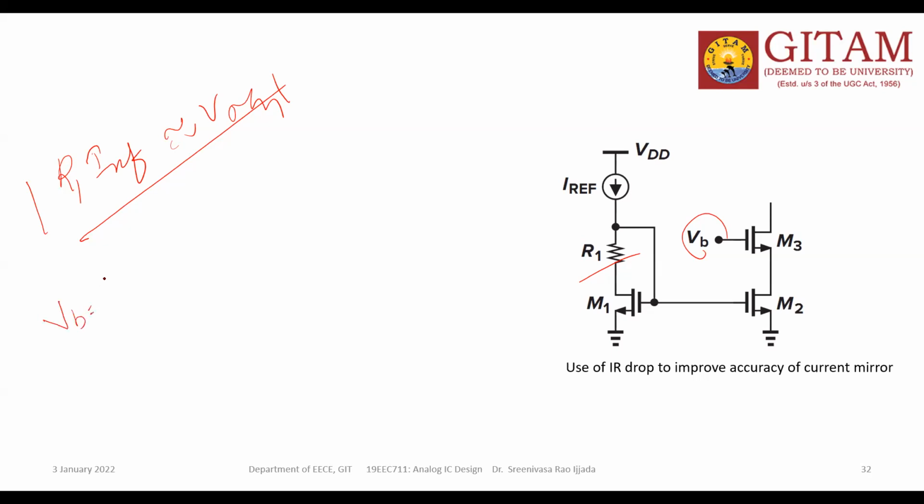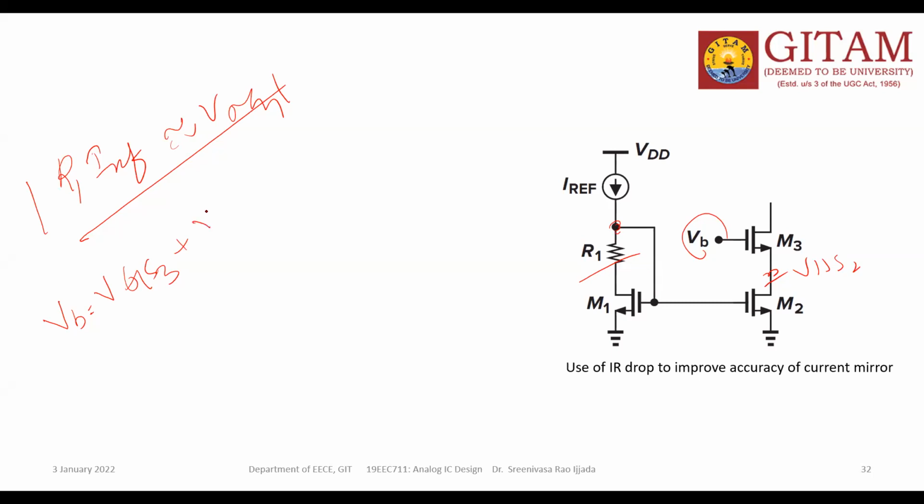Number of times I told you, VB is equal to VGS3 plus this potential. This is nothing but VDS2. But as per the assumption, VDS2 is equal to VDS1. What is the VDS1?